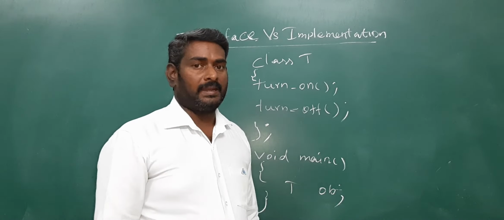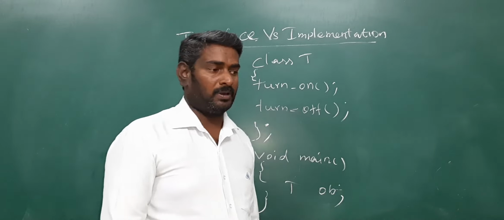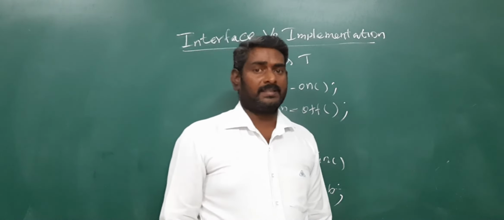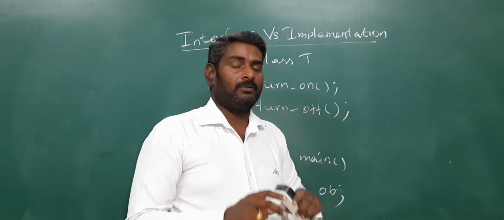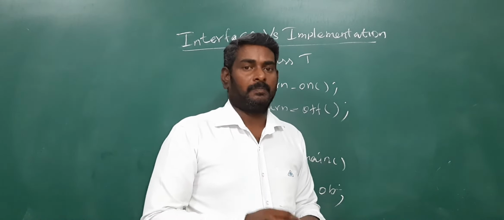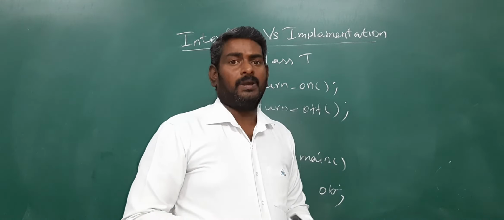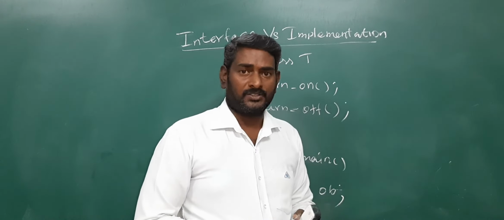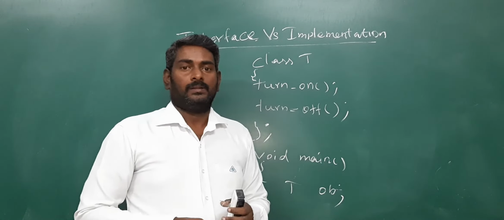We have the main difference between interface and implementation. Only one main difference: the interface defines what the object can do, but it actually won't do any work. It only defines this is the work of the object, but who carries out the instruction?